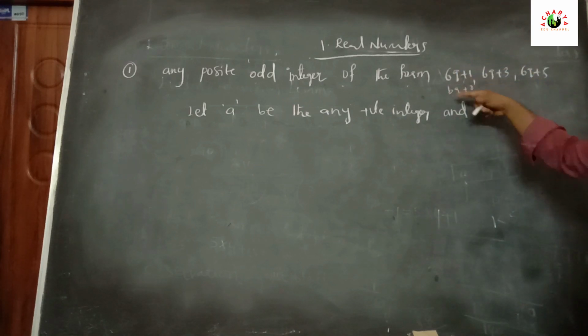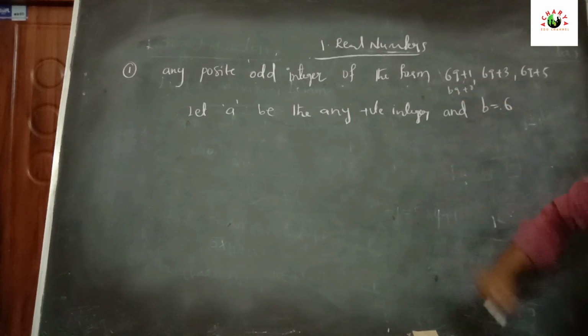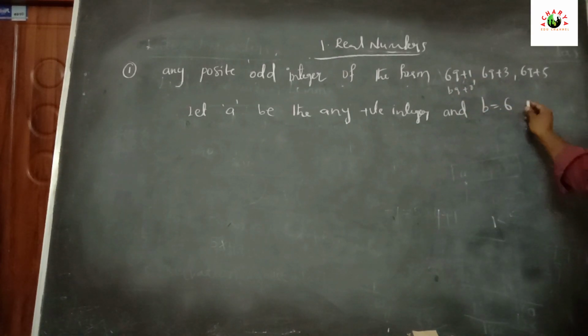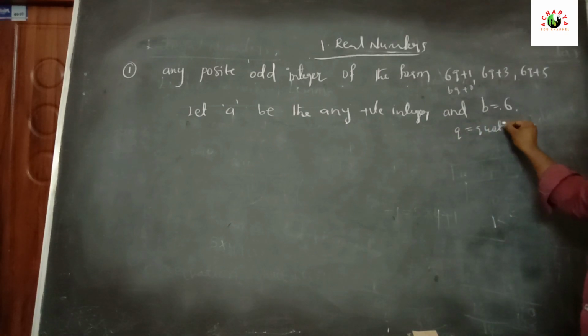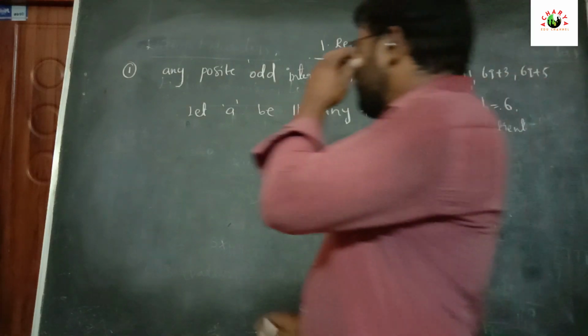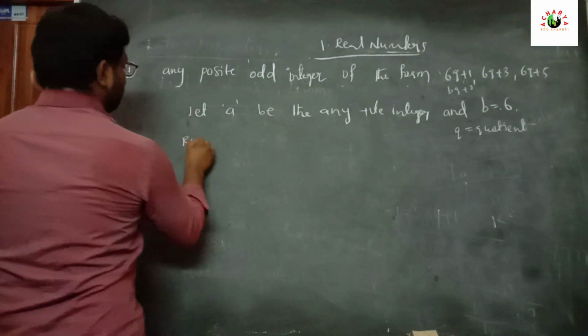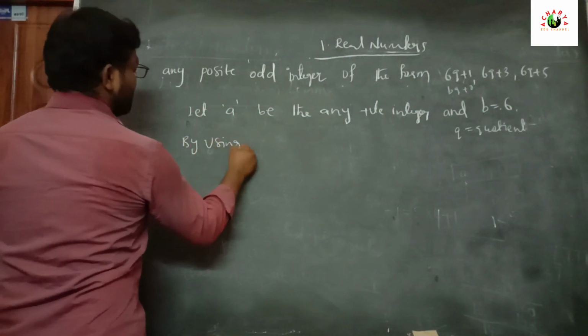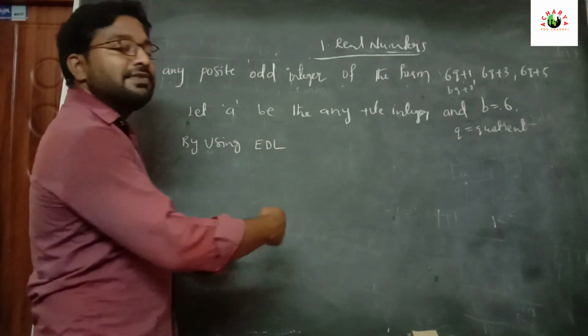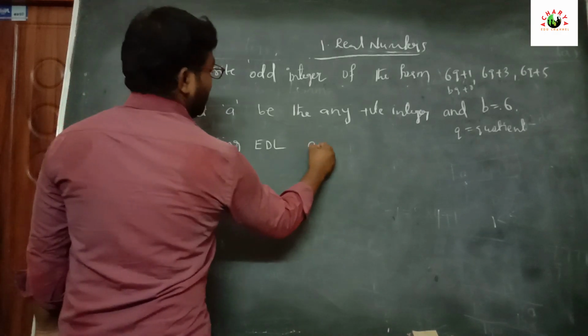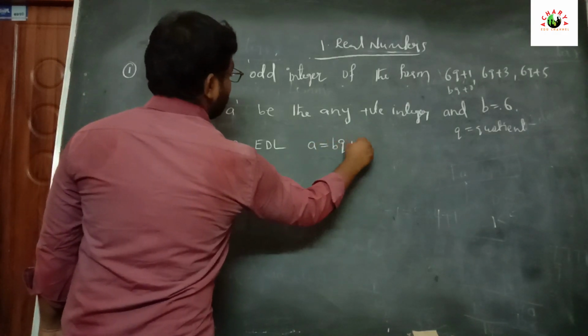According to this condition, we have to take the value of B. So B is equal to 6 and Q is the quotient. Now by using Euclid's division lemma, what is the condition? A is equal to BQ plus R.